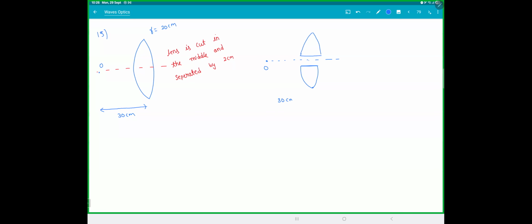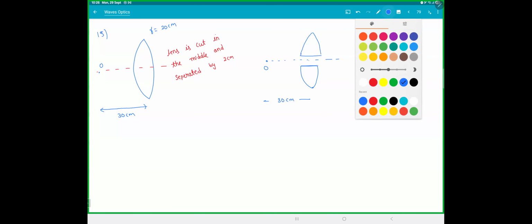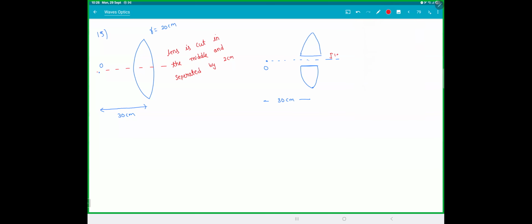The object is still there, 30 centimeters, with 1 centimeter, 1 centimeter. You kept a screen here, 2.6 meters away. Find the fringe width. I assume light does not go through the middle. Easy one. We are combining ray optics with this.